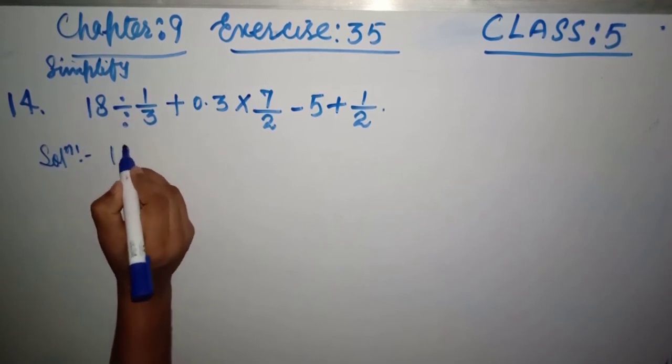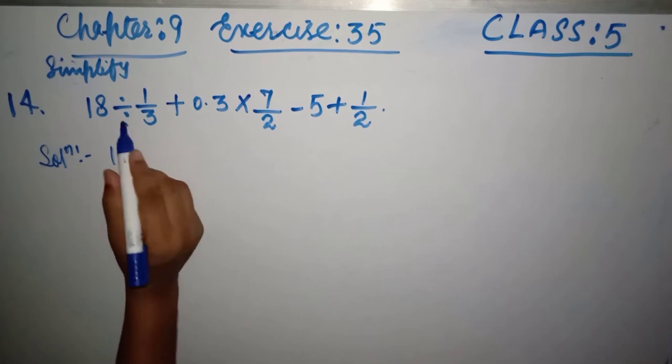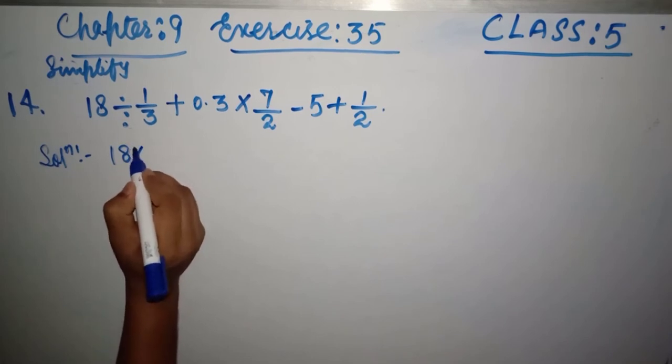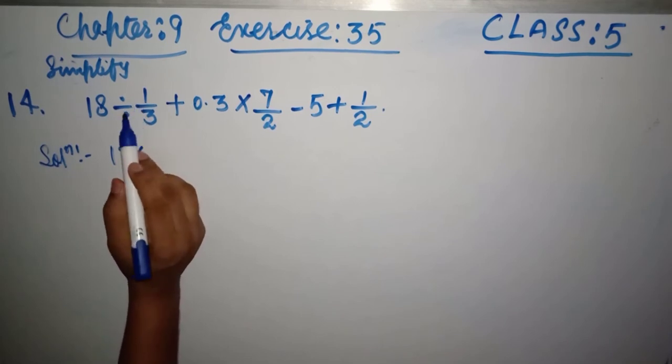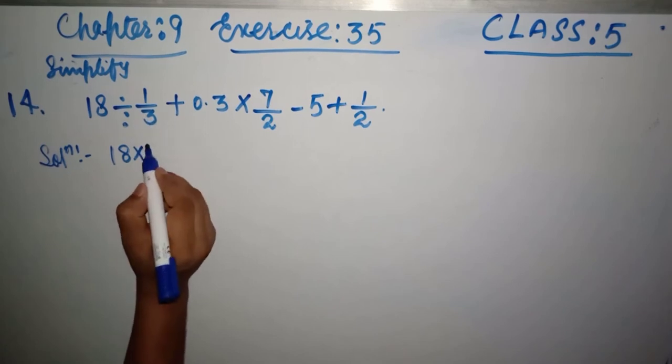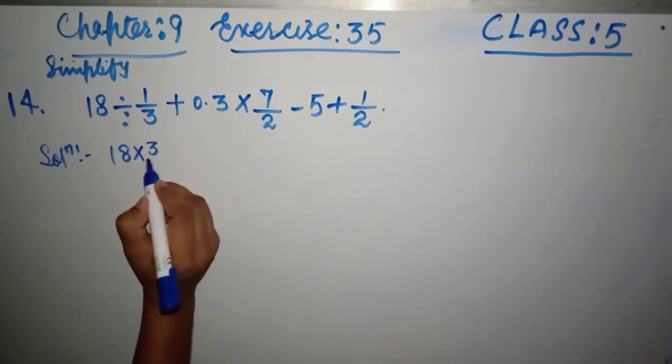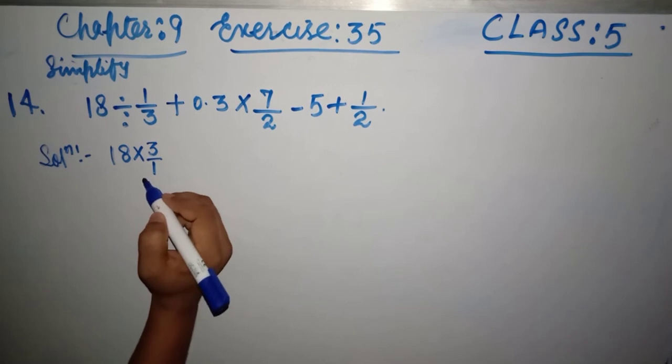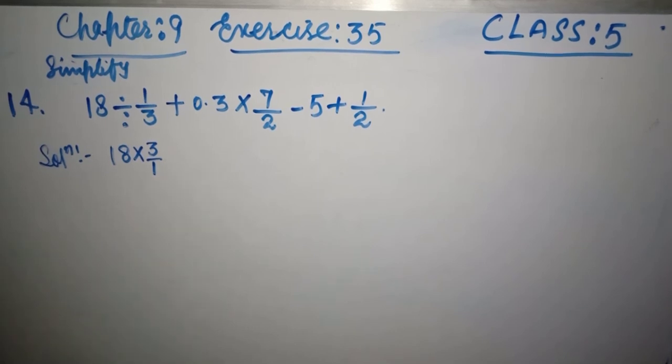Now this could be written as 8, change the sign of division to multiplication, then we have to write the reciprocal of this 1 by 3. So the reciprocal of 1 by 3 is 3 by 1. Okay friends, now we write the plus sign as it is.